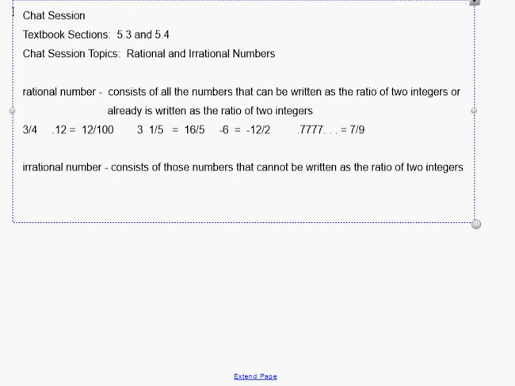For example, suppose we have 0.3417 ... We have no idea what the next digit is. There's no pattern, no repetition. That's an irrational number.